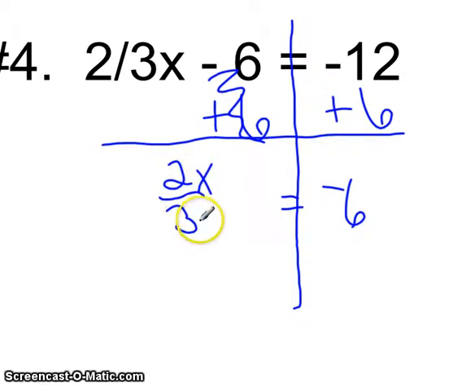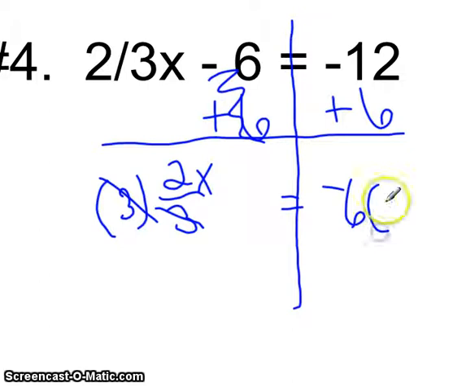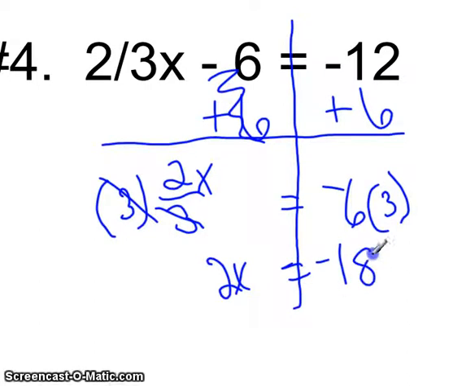Now remember, our goal is to get the x by itself, get all the numbers away from the x. Here I'm dividing by 3, so the opposite operation of dividing by 3 would be multiplying by 3. When I do that, those two cancel each other out to form 1. To multiply this side by 3, so I'm left over here with a 2x equals negative 18.